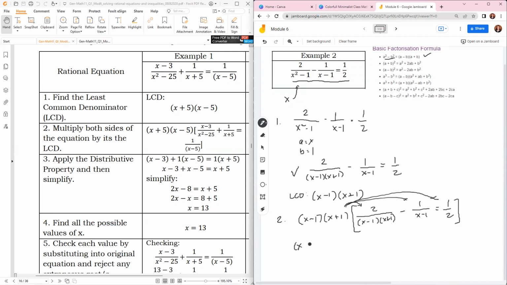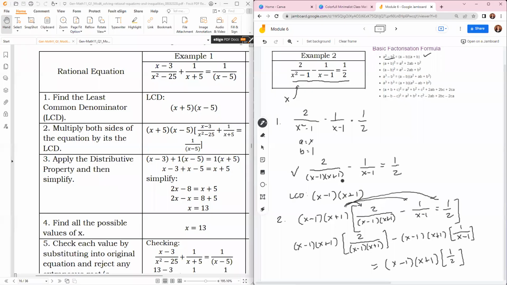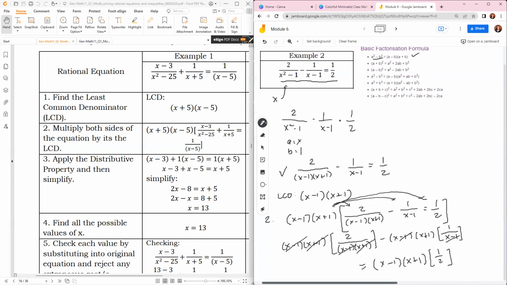So what does that look like? (x minus 1)(x plus 1) times each term. When we multiply it with the first term, some factors cancel out: x minus 1 in the numerator and denominator, and x plus 1 in both the numerator and denominator. For the second term, only x minus 1 cancels out. On the right side, we cannot cancel anything.